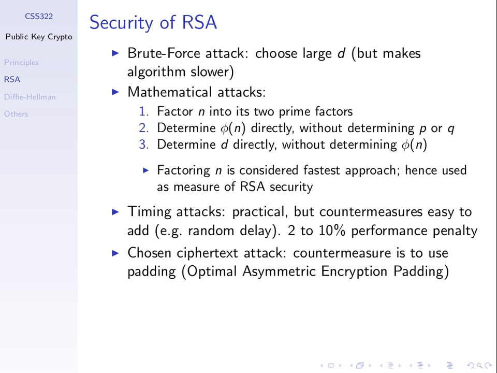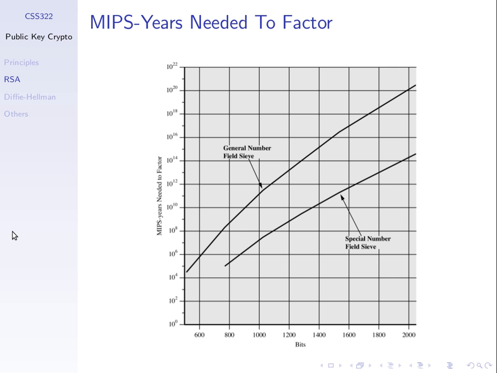It's our discrete logarithm. So discrete logarithm, prime factors, determine the totient. All too hard. Let's finish on how hard different values of n are.